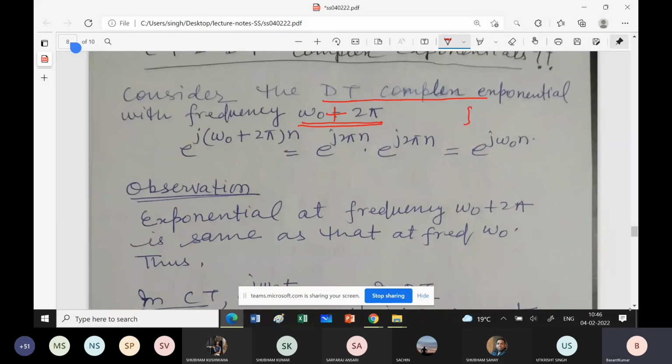So when I put this frequency here, this can be written as e to the power j omega naught n, और दूसरा टर्म क्या होगा, e to the power j 2 pi n. ठीक है, अब ये टर्म क्या होगा, इसकी वैल्यू होगी 1.